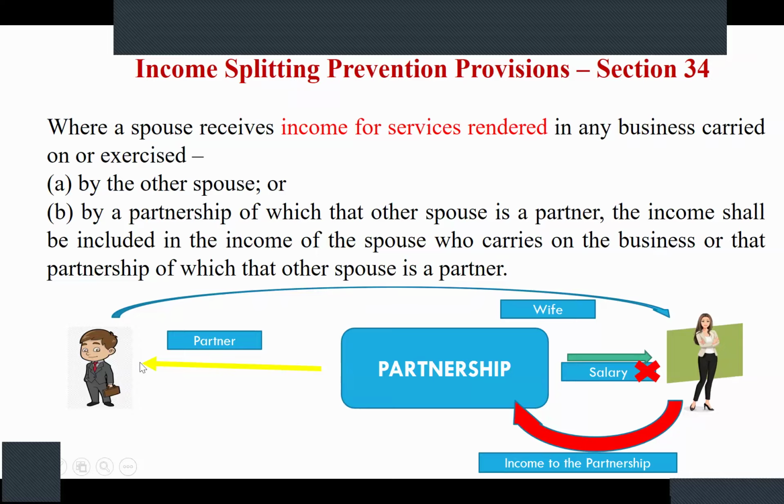So therefore, we do not allow that kind of thing. That means in the practical world, salaries can be paid, but for tax purposes, we consider it as an income of the husband, not the wife.